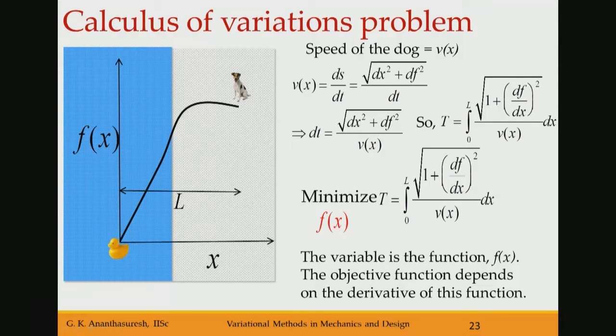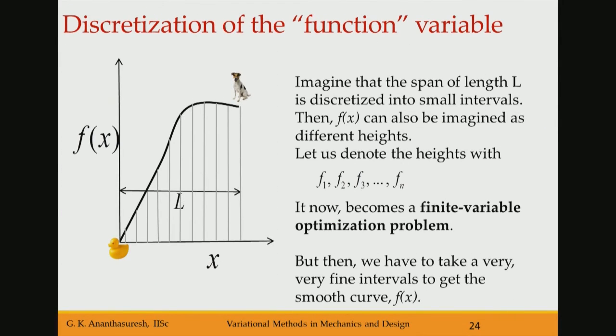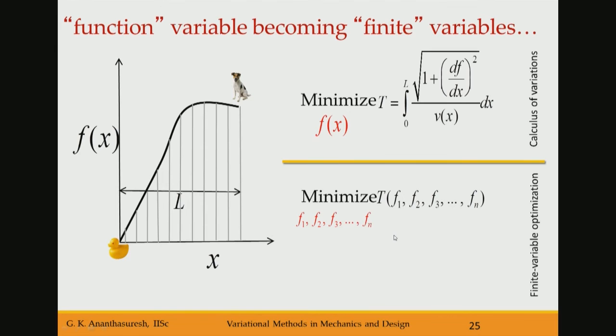Okay. That difference has to be understood very clearly at the outset of this course. Calculus of variations has unknown variables or optimization variables as functions and not as discrete variables. So, here in the calculus of variations problem, we have an integral to minimize, t, which is defined in this particular manner. It depends on the derivative of this function f, and v of x is given to us.